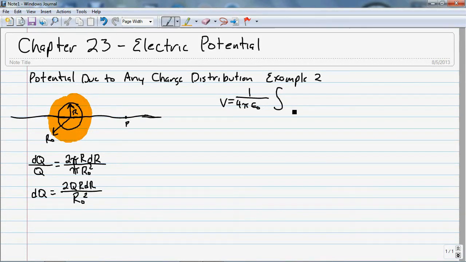My integral is going to be evaluated from 0 to r naught of dq over little r. Little r is just from this edge to our point P, and that's just equal to, we have x there, the square root of x squared plus r squared.